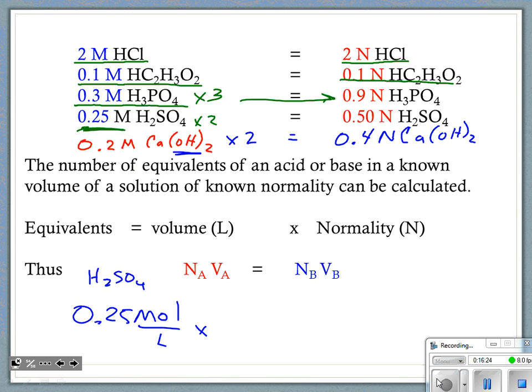If I look at sulfuric acid, how many equivalents does sulfuric acid have? 2, right? So, what's happening here is I'm taking a mole over an equivalent to get that into equivalence, and that's why I'm multiplying by 2. Okay?